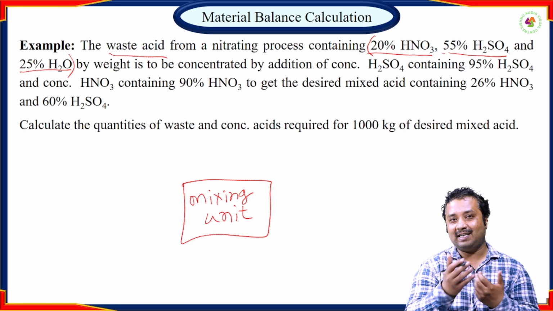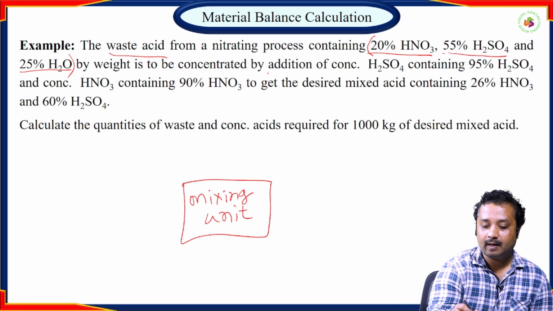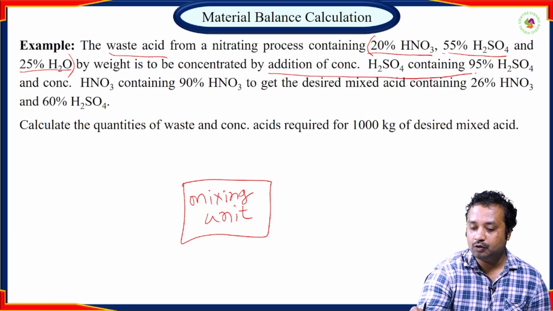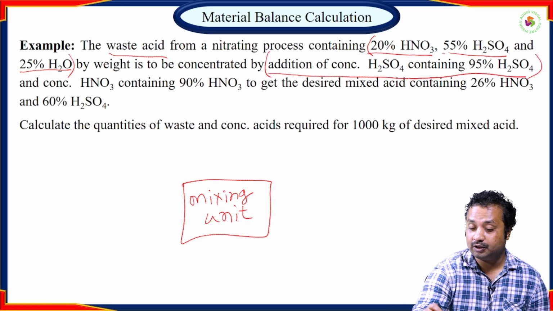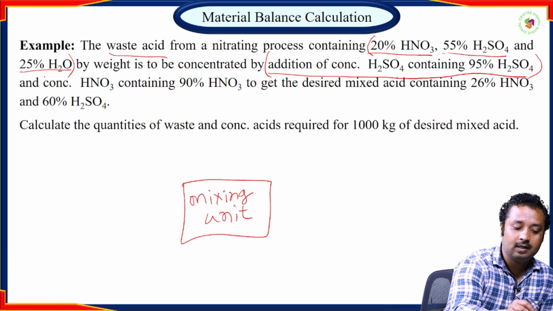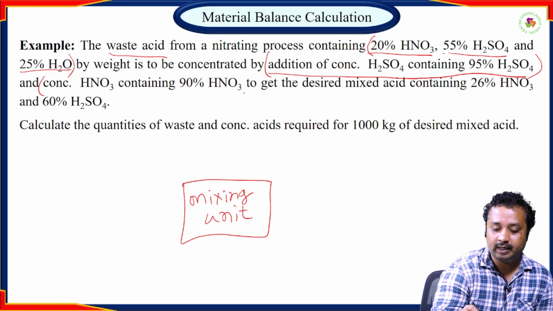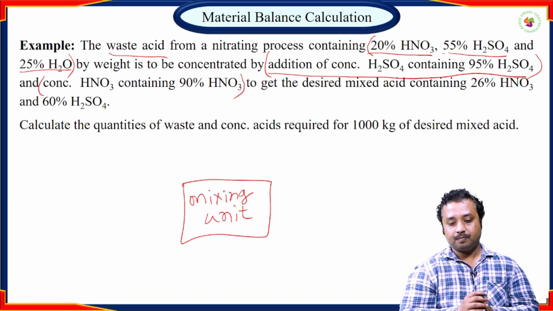We need to concentrate this. How? By addition of concentrated H2SO4 containing 95% H2SO4 and concentrated HNO3 containing 90% HNO3. It means what?